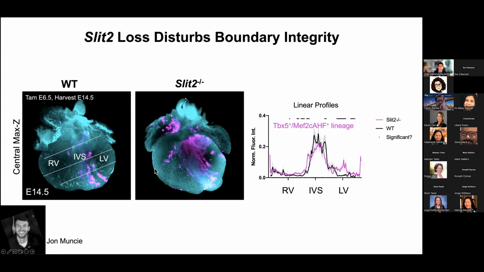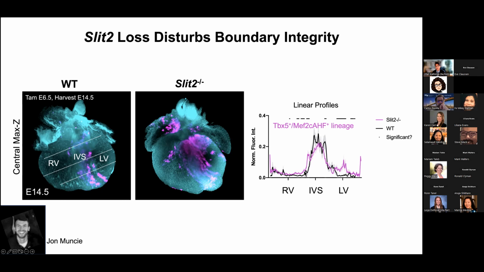And so here, for example, here's a Z-stack projection of the lineage in the context of a representative mutant. And you can see that this red is much more spread out than in the control. And when we quantify this by the linear profiles, black again is wild type, and magenta is the SLT2 mutant.